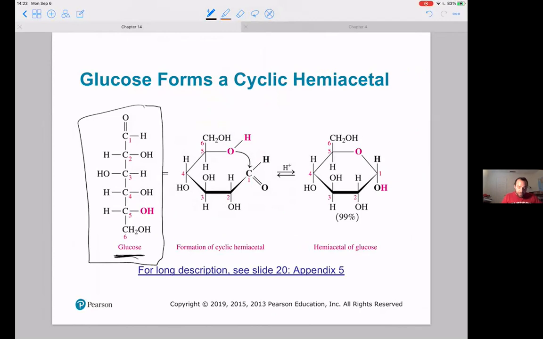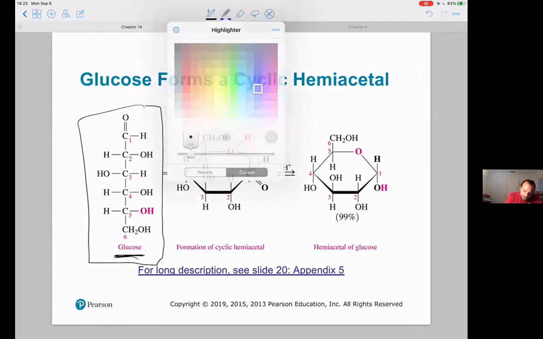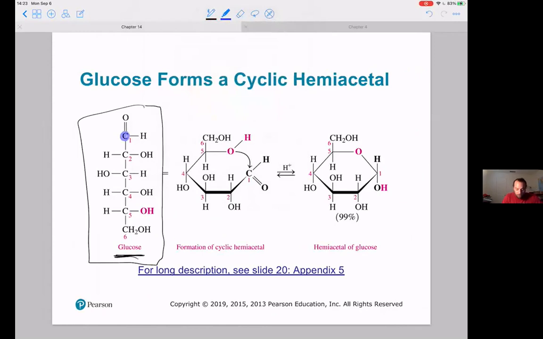Okay, but notice that glucose has at one end an aldehyde group, a carbonyl carbon, and then it's got a bunch of hydroxyl groups as well. Most important is this one that's located six steps away, 5 carbons, and then one more to get to that oxygen.